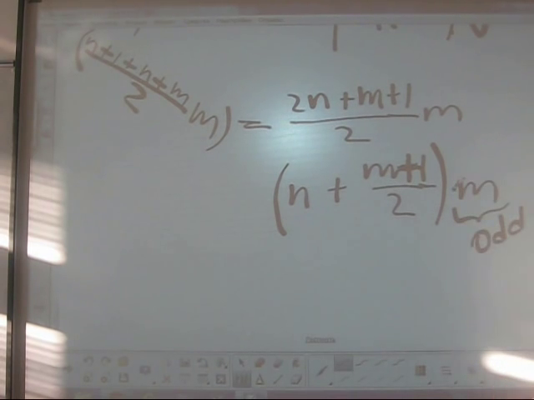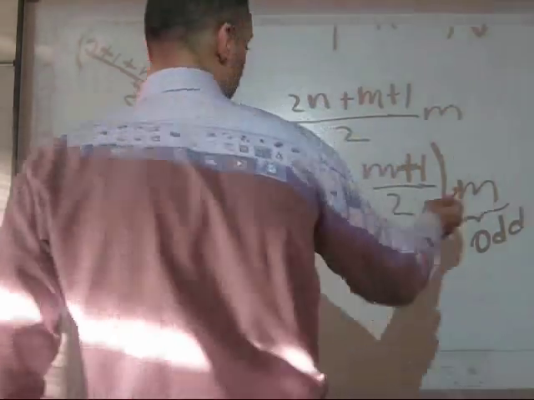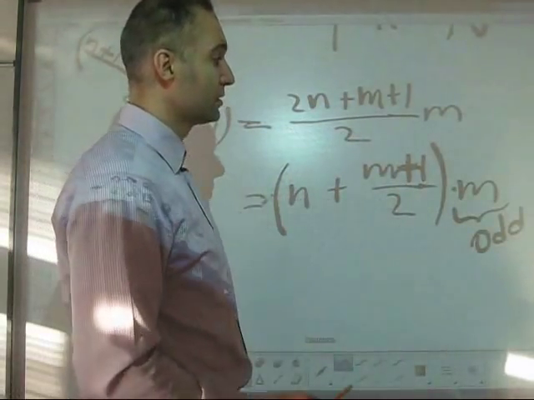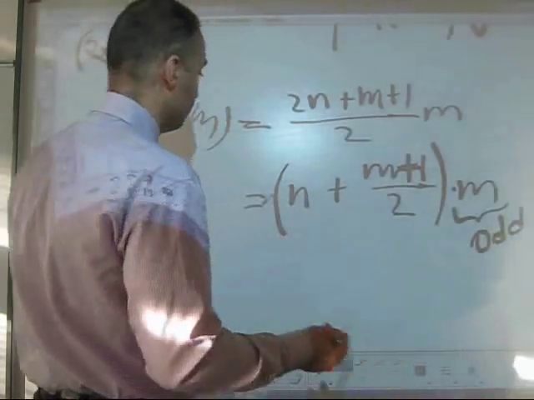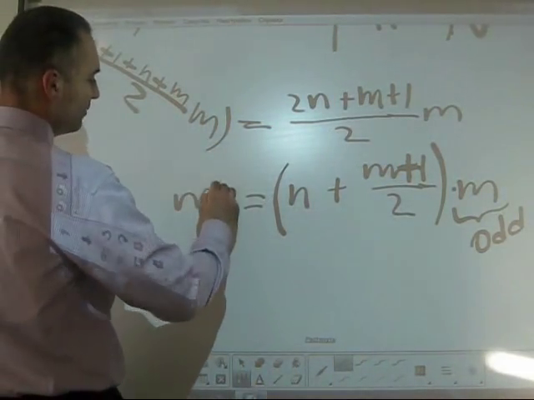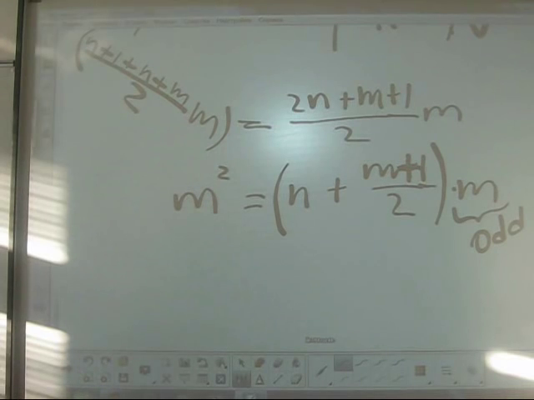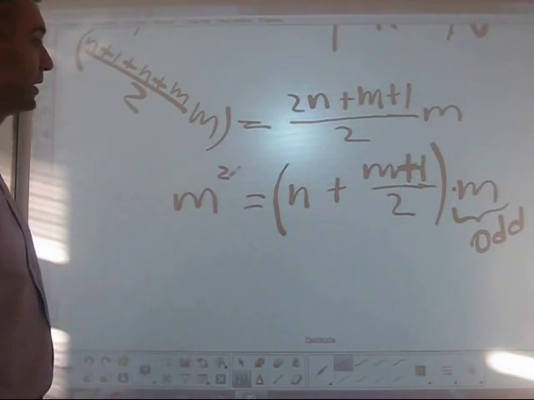So probably we should try to express this product as a square of m, because m is an odd number. If it's equal to m squared, then we are done. We solved this.